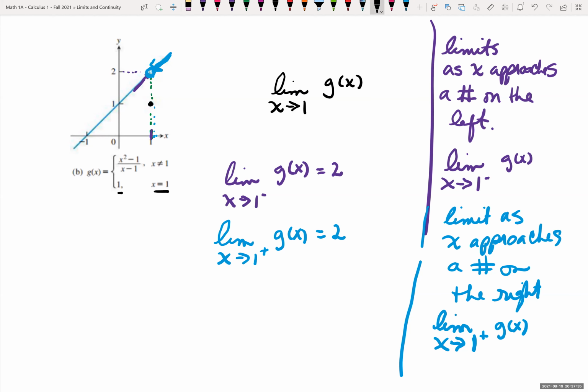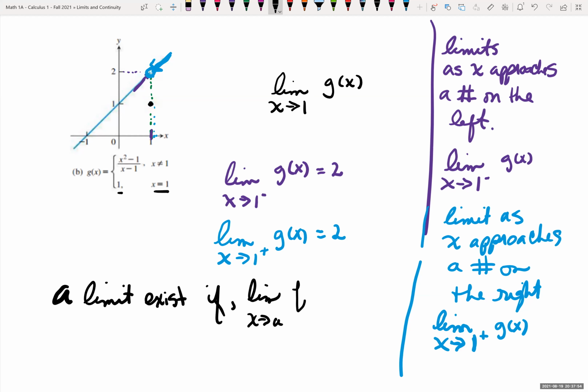I'm just going to write it down. A limit exists if the limit as x approaches a value a of f of x on the left is equal to the limit as x approaches that same value a on the right.